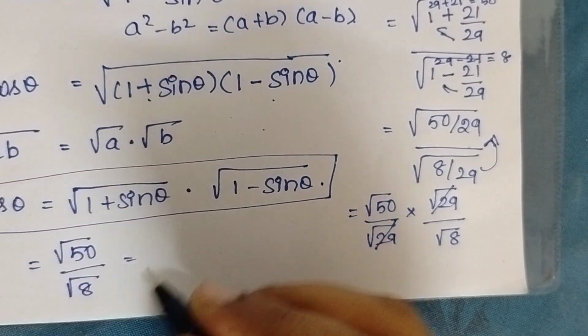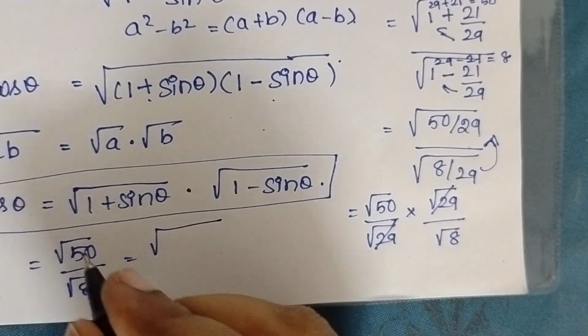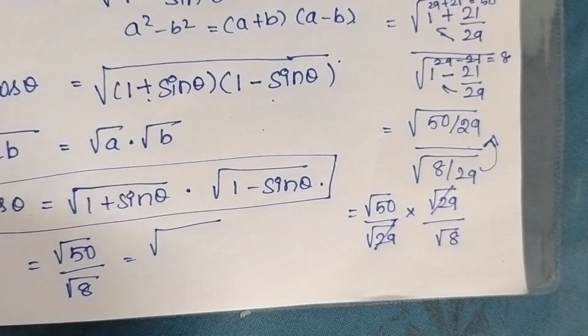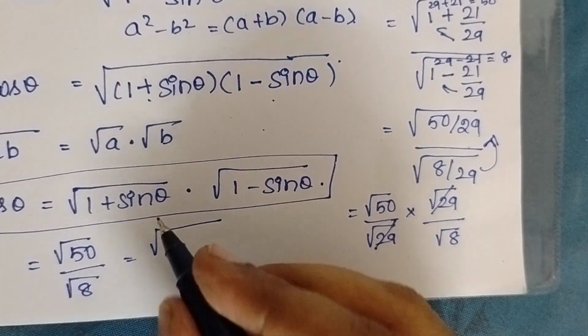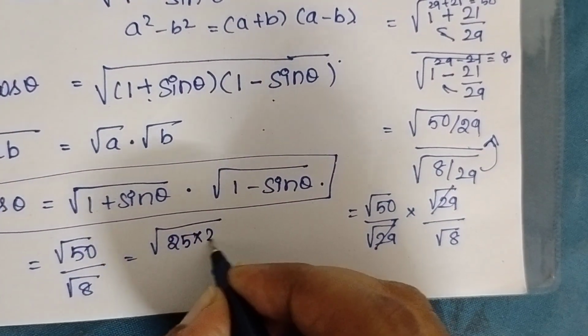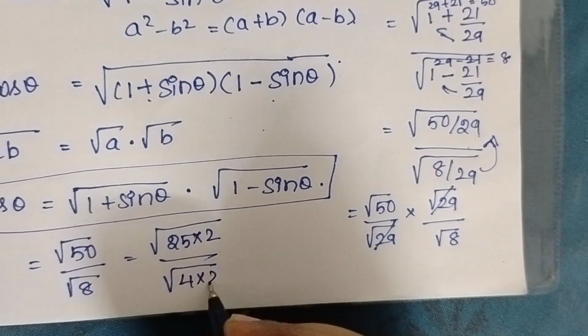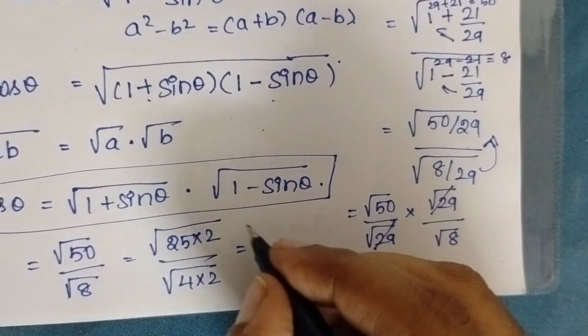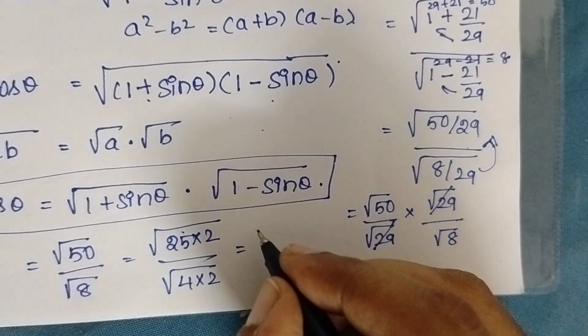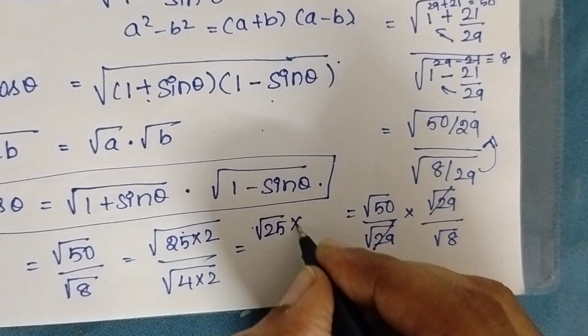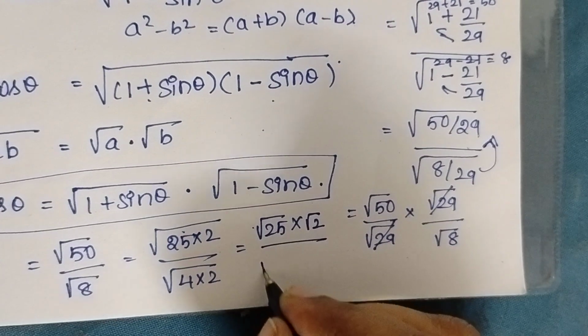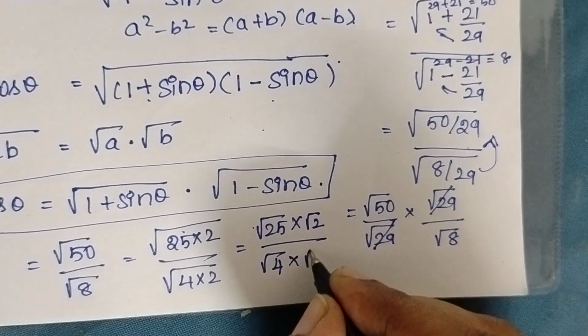For the root of 50, I need a perfect square term: 25 into 2 gives 50. Similarly, 4 into 2 gives 8. So this can be written as root 25 into root 2 divided by root 4 into root 2.